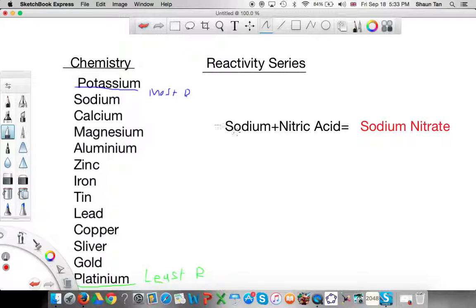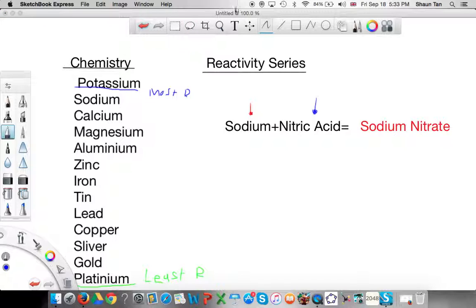And the reason for that is because sodium is second place, and because it's reactive, it reacts with the nitric acid to give you nitrate. So once again, this sodium comes from the name of the metal used, and then the acid used is nitric acid, so it gives you nitrate. I'll do this in a different video.